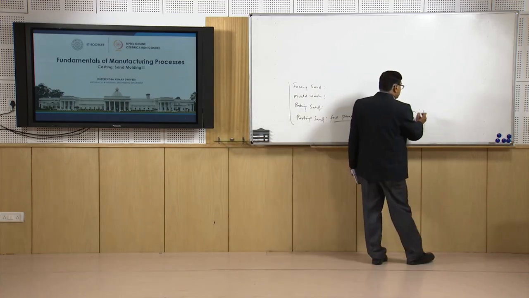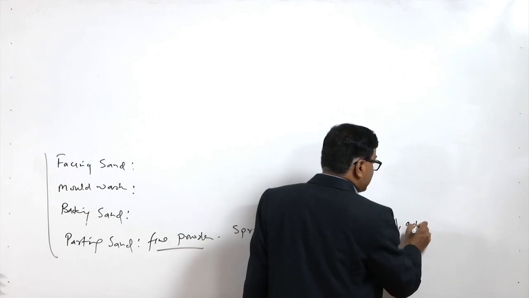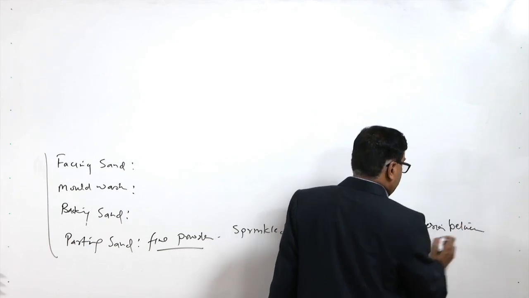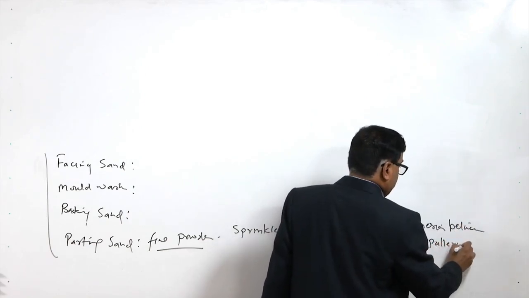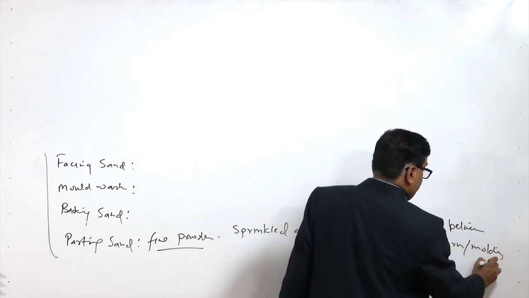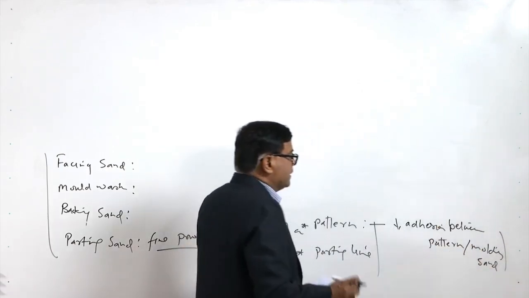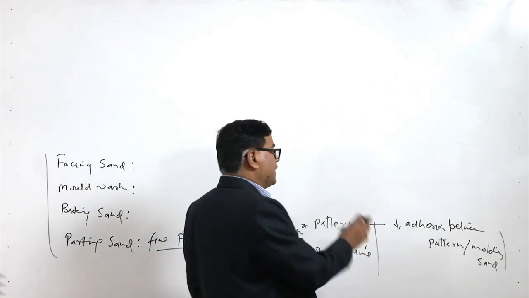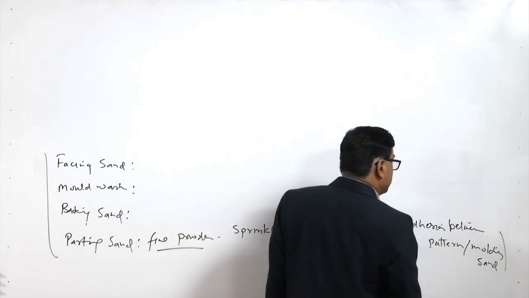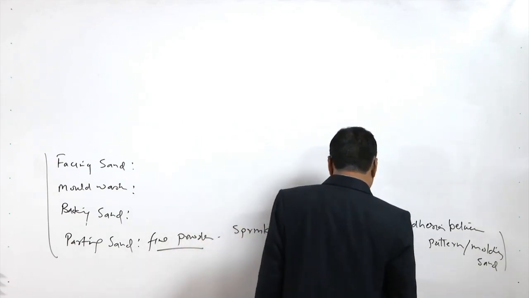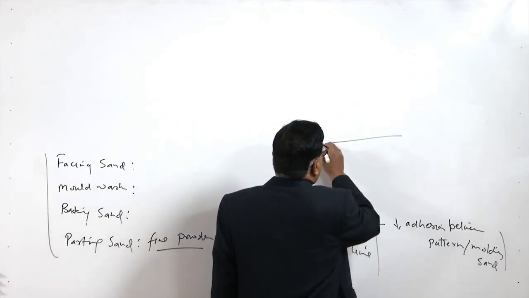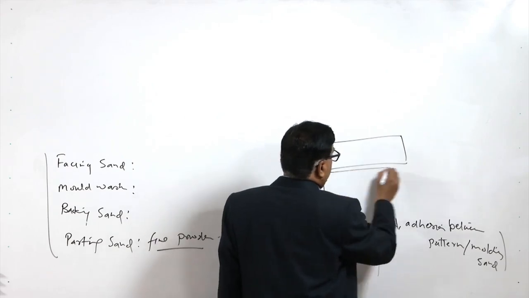So, basically it helps to reduce the adhesion between the pattern and moulding sand. Because if the moulding sand clings or gets adhered with the pattern, then it will have the increased tendency of damaging the mould wall. Similarly, the parting line between the cope and drag, so it will be sprinkled on the parting line.